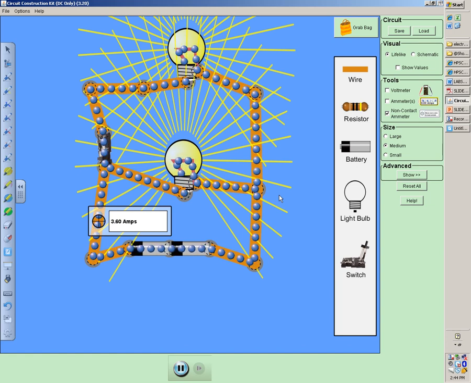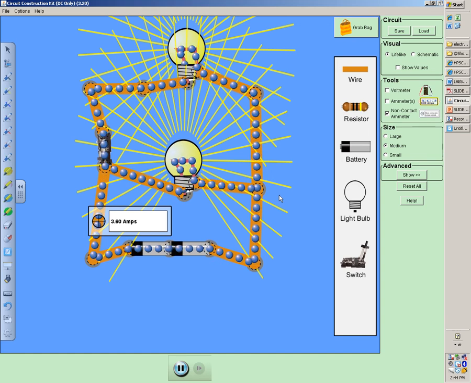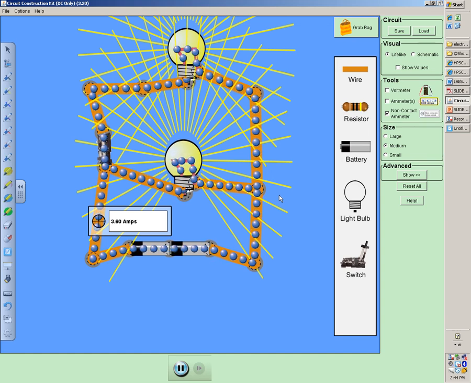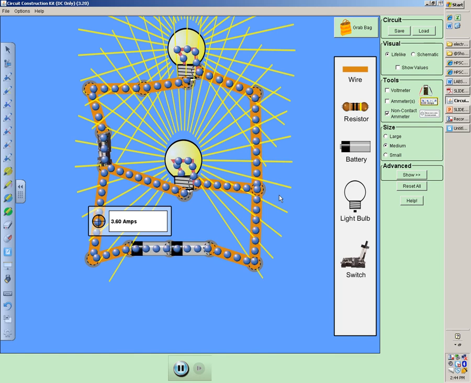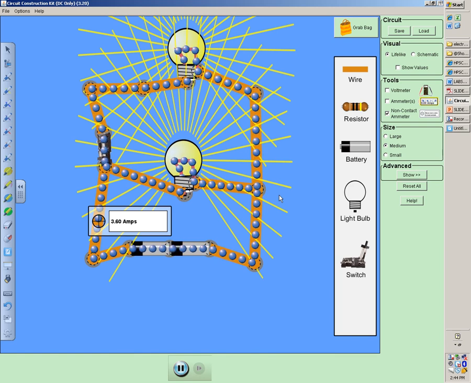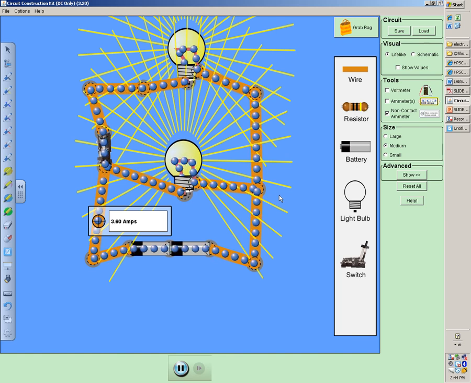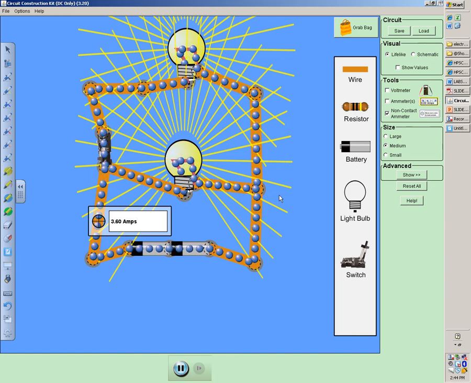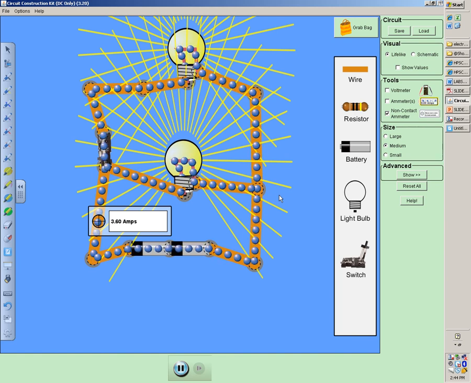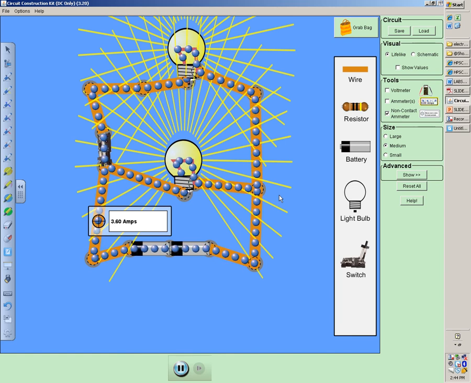Meaning, what has to happen to the potential energy of the charges as they go through these two light bulbs? It has to change energy. By how much? The same amount, because a conductive path, a circuit, has to provide a complete path to get from one side of the battery back to the other side of the battery.